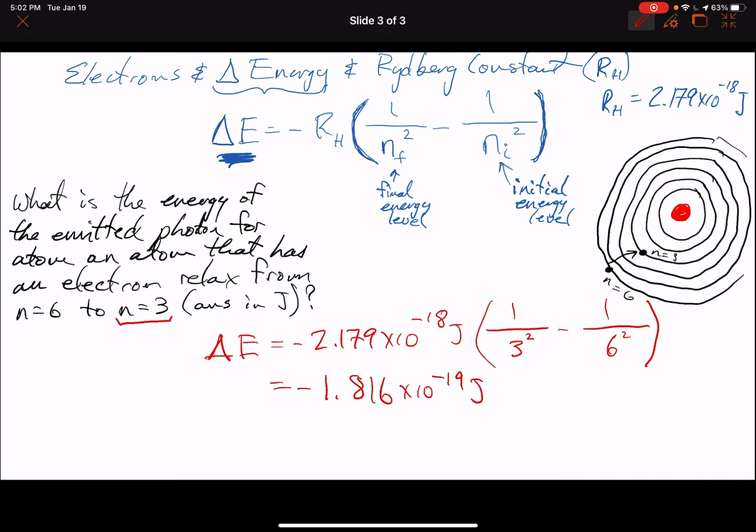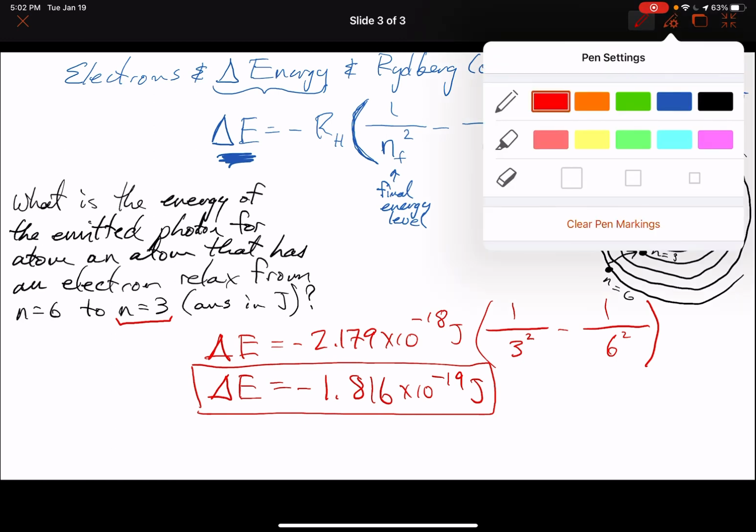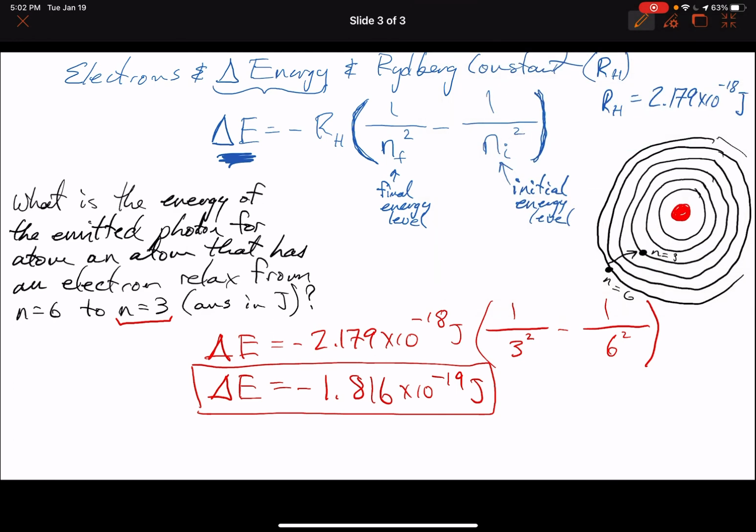Okay, so notice that delta E, we've used this equation to show that the atom, represented here with the electron transitioning from n equals 6 to 3, is missing 1.816 times 10 to the minus 19 joules. So I'm highlighting here the minus symbol.